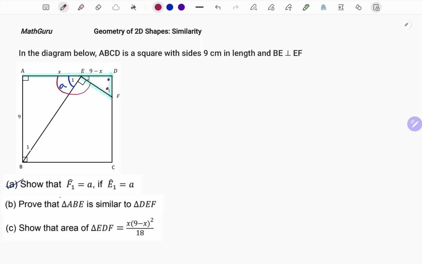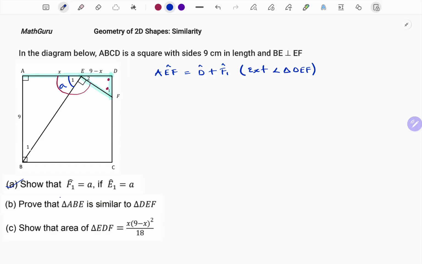So if I state that, I have angle AEF is equal to angle D plus angle F1. And the reason being, external angle of a triangle.